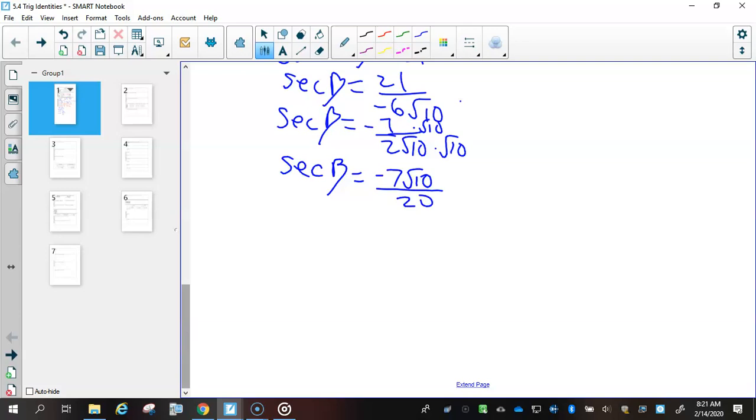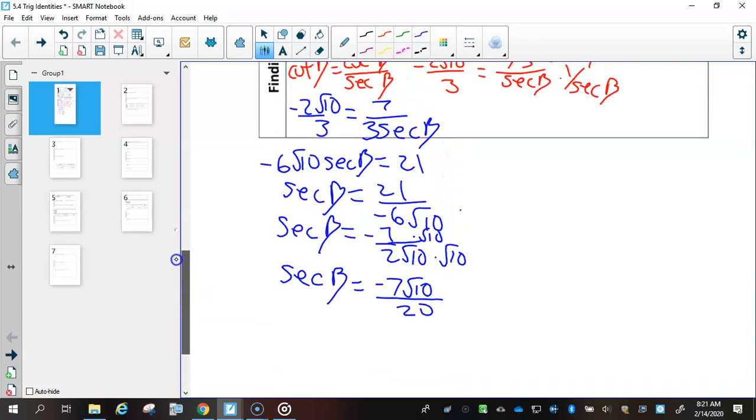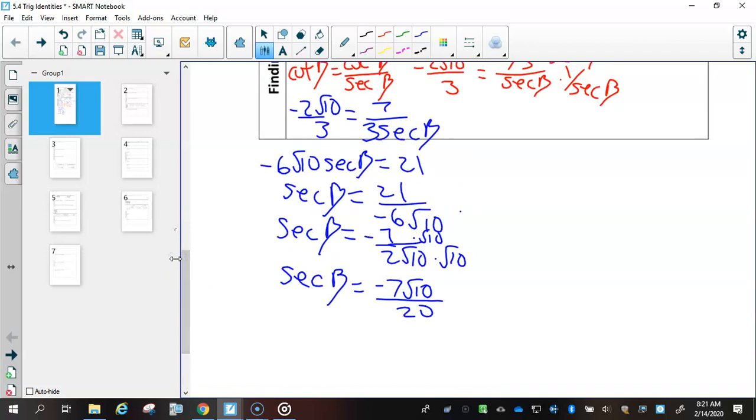Can you go angle to where? Just like a little bit right there. So at some angle on the unit circle, secant would be negative 7 root 10 over 20.